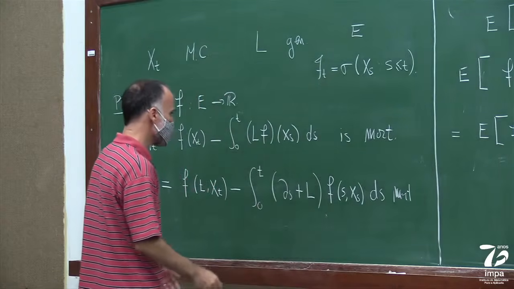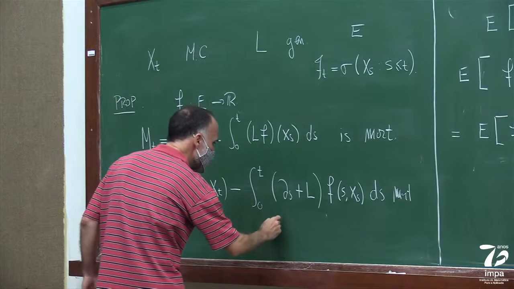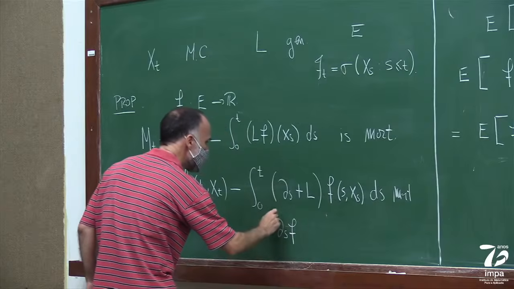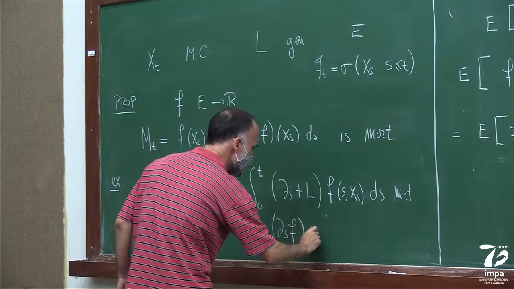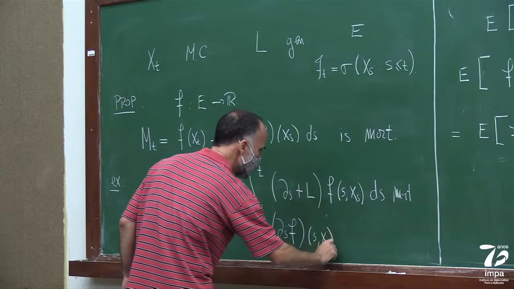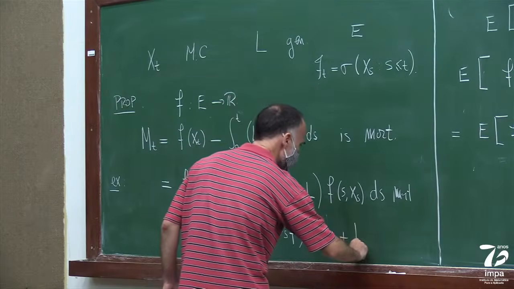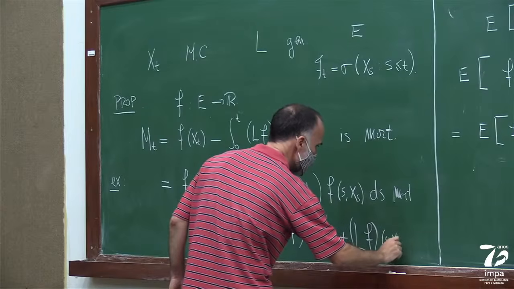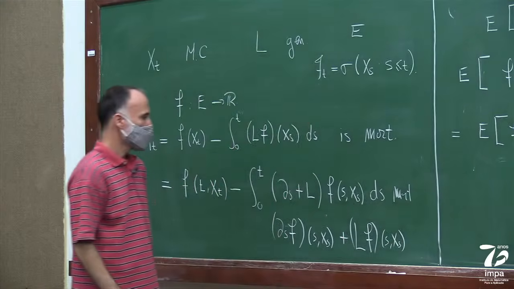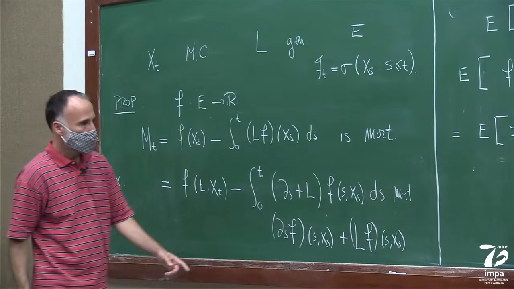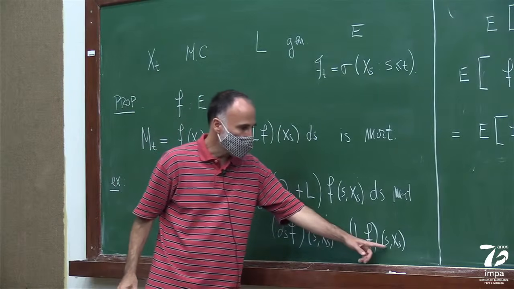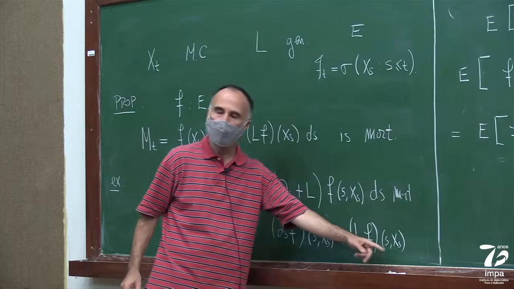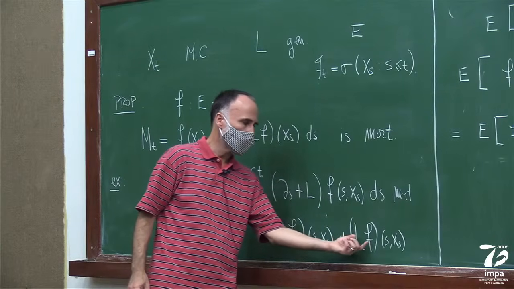Okay, so what you have to understand here is that you have d_s f computed at (s, X_s) plus Lf computed at (s, X_s), where here you consider s as fixed, so you have a function of the position, and you're computing L of f.